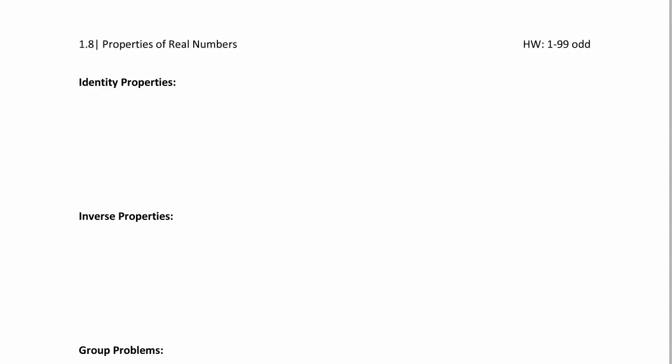Okay, here we are on page 3. These are just some more properties of some of these numbers. So the identity properties, and we talked about this a little bit in class.